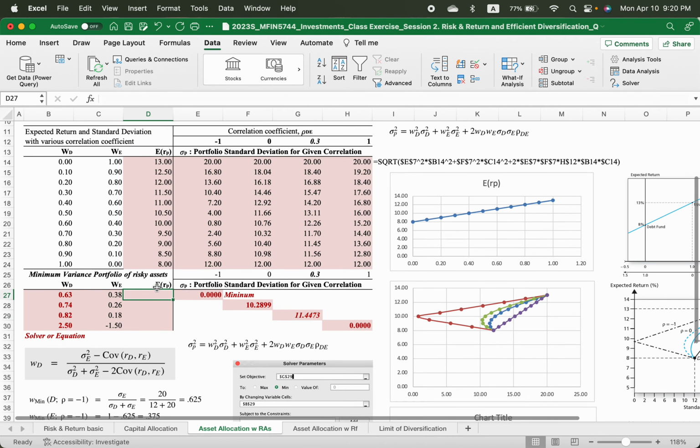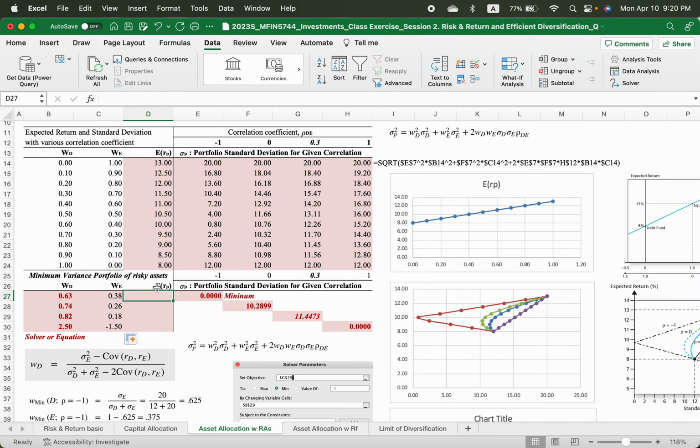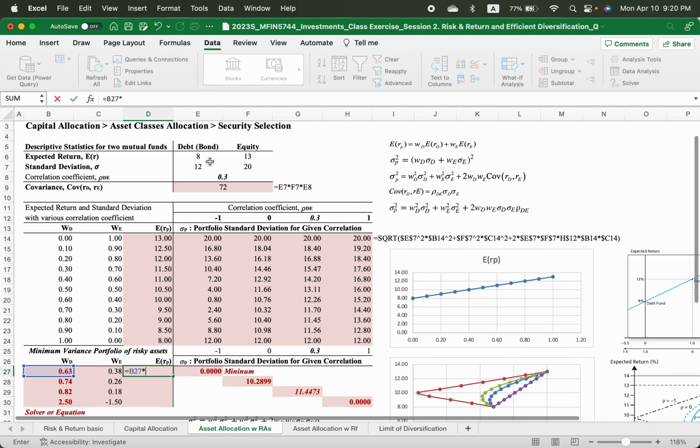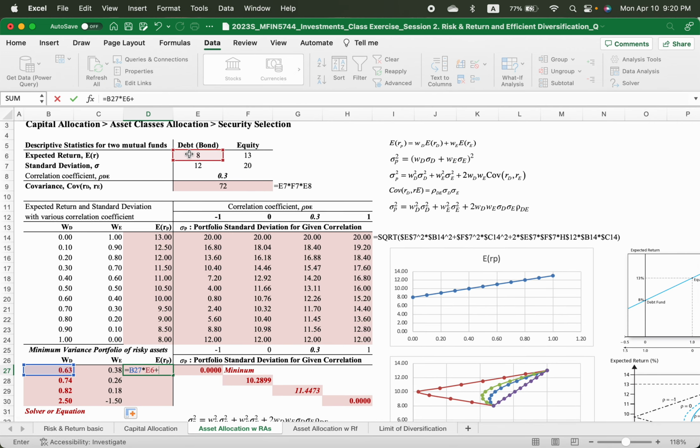And then the expected rate of return we can also calculate based on this: weight of debt times 8% plus the weight of the equity times here. So we got this, right?